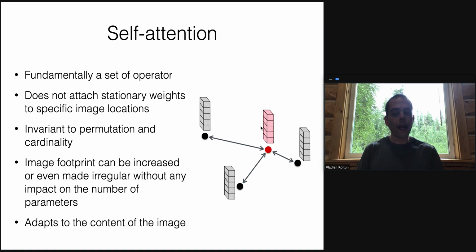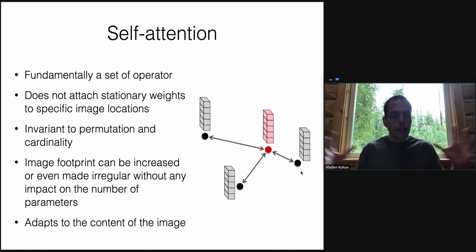As a set operator, the self-attention is invariant to permutation and cardinality. Note that the number of data points that end up in the neighborhood of X here is not predetermined. You could have maybe 3 data points, you could have maybe 10 data points.